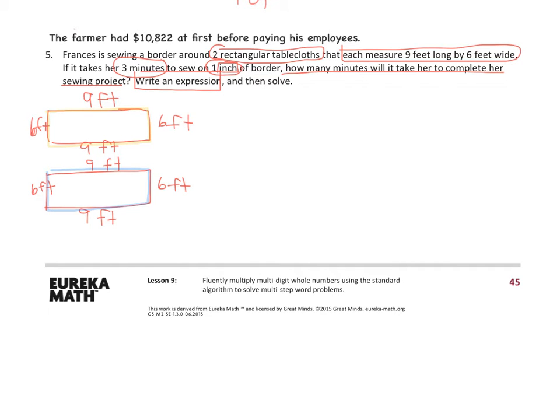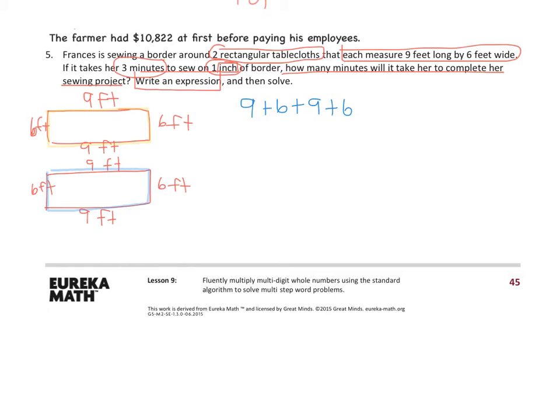Now let's figure out, how would we find the perimeter of 1 tablecloth? That would be taking each measurement and adding them together. So we would do 9 plus 6 plus 9 plus 6. So that would be the perimeter of just 1 tablecloth.